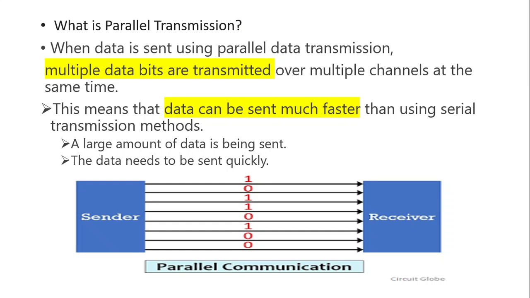The next type of transmission is parallel transmission. I'll explain in simpler words what parallel transmission is. As I told you earlier, in serial transmission, the example is your house. In your house, you have a small opening. Your door is very small, its width is about 3 feet.